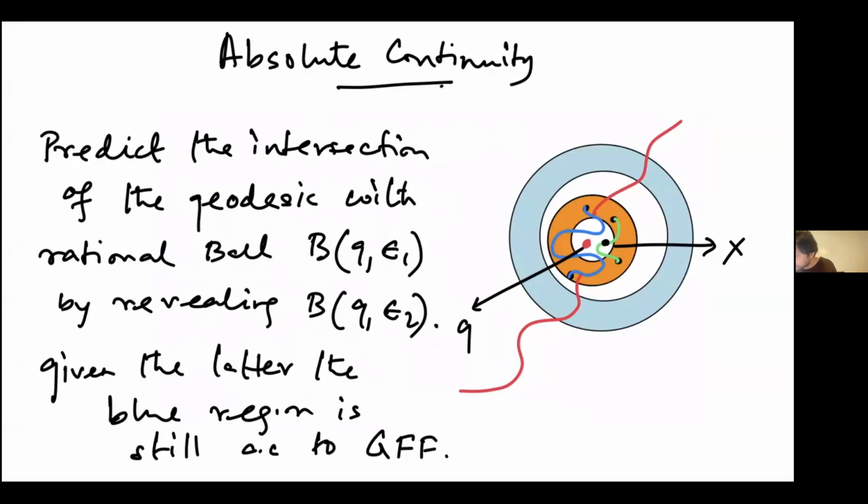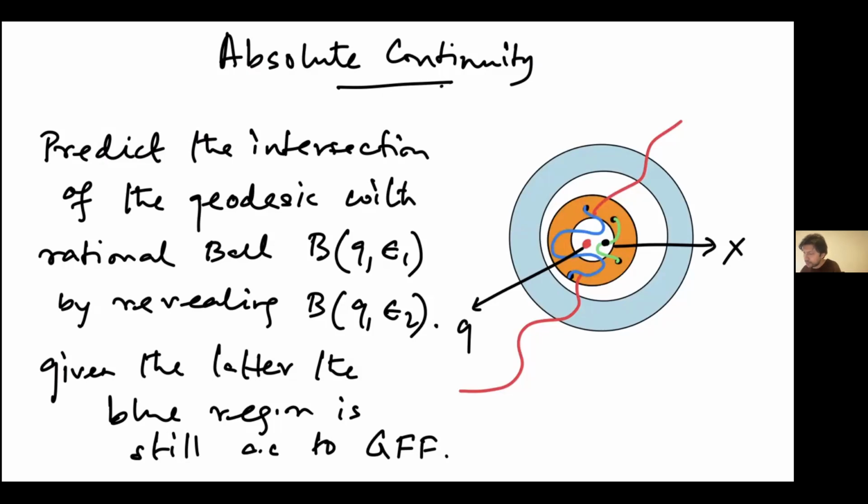Let's say I have some rational point Q, and I take two balls of radius epsilon1 and epsilon2, and these are all rationals. I look at all geodesics between rational points inside this ball of radius epsilon2, and look at the intersection with the inner ball. You can show that on the event that the global geodesic intersects the smaller ball, the intersection should agree with subsegments of these local geodesics.